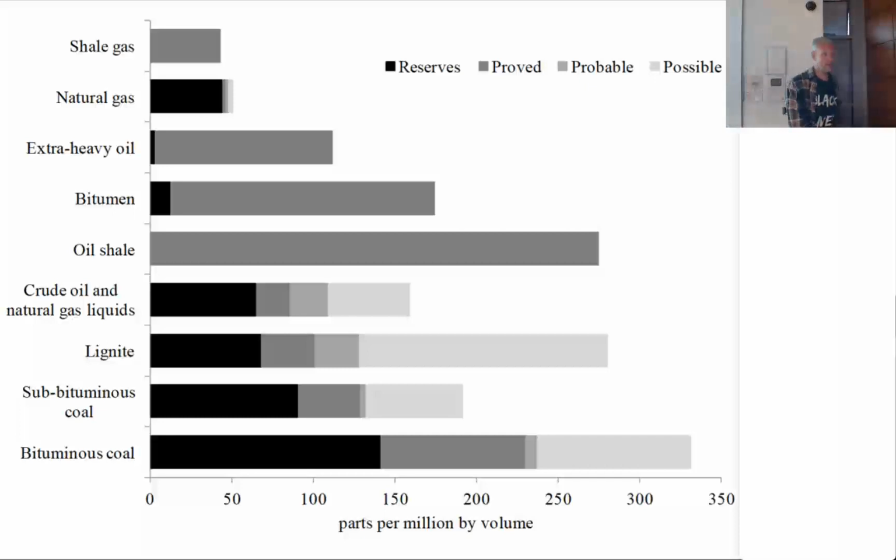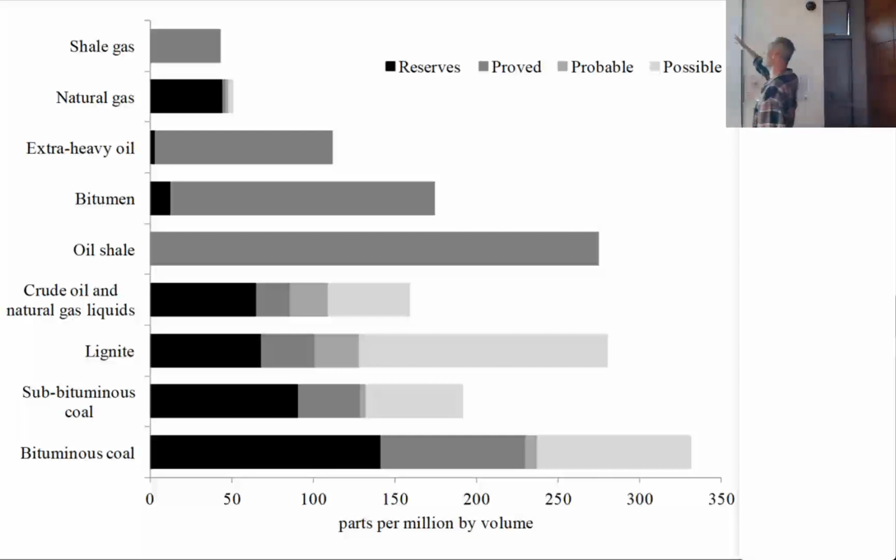So reserves are those things that we know are in the ground and we know how to get them out of the ground at a profit. Right? That is a reserve. Then proved is stuff that we know is in the ground, but we don't quite know yet how to get it out at a profit, right?